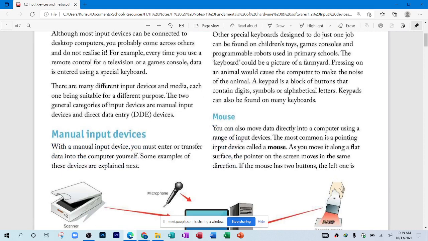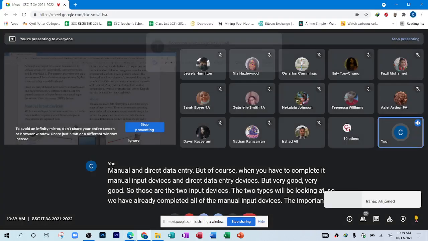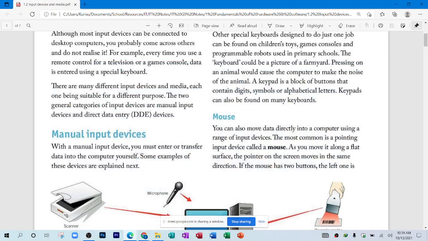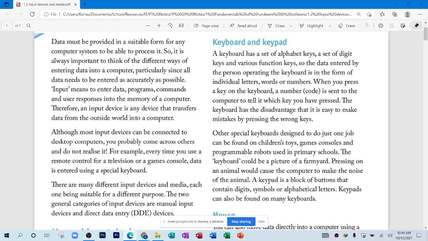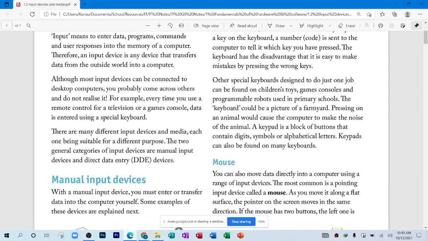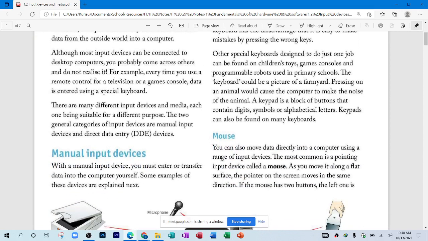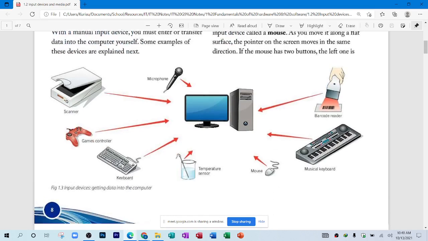We've already completed all of the manual input devices. The important thing to remember is that for each of these devices, you have to know two things: how the devices function and what category they fall under. For example, the keyboard, the keypad, the mouse: how do they function and what type of input device are they?